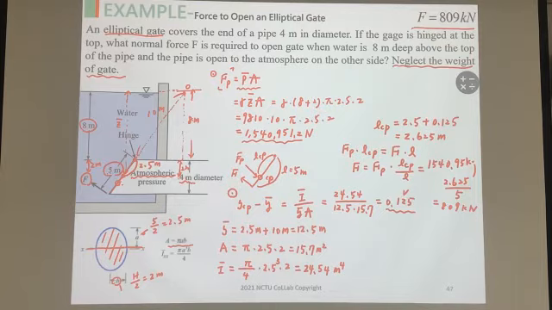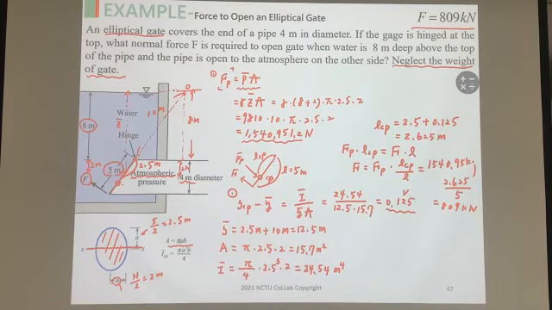But when we design a structure like this, we need to compute the normal force which is required to open the gate. So this is a very standard question for engineering design of the spillway.